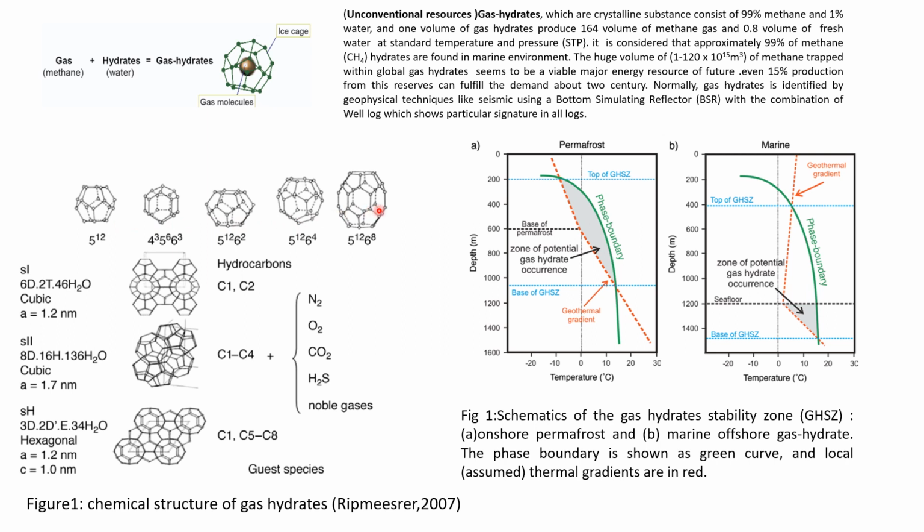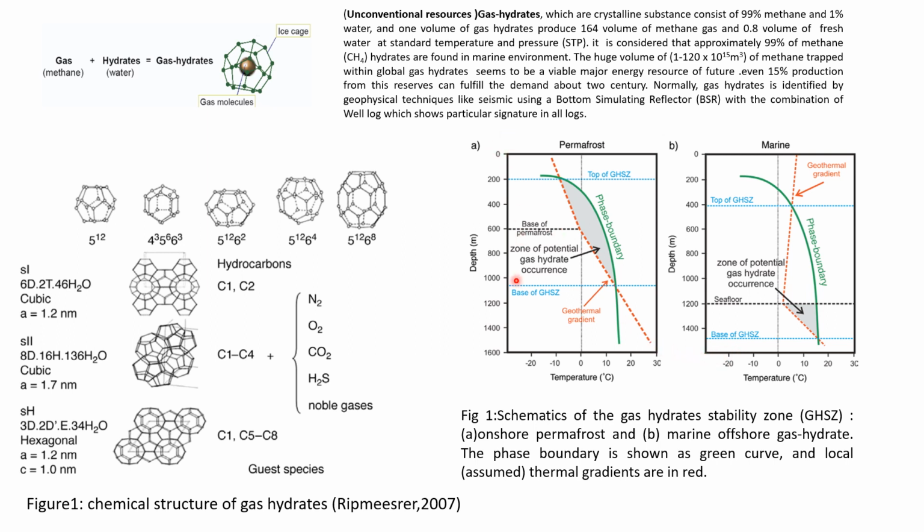Here you can also see the schematic of the gas hydrate stability zone. Before this I told you that we cannot find gas hydrate everywhere. There are certain temperature and pressure conditions where we can get gas hydrate. This is the graph by which we can understand where we can find gas hydrate.